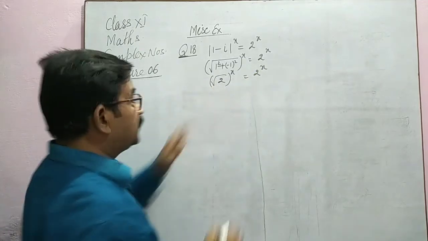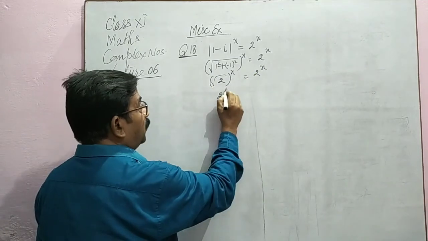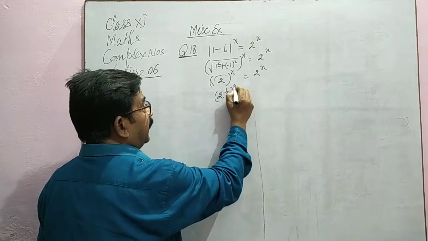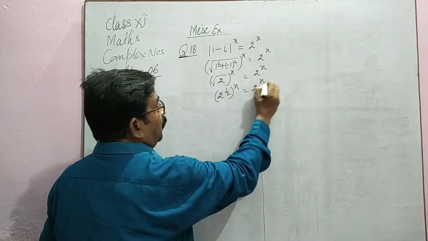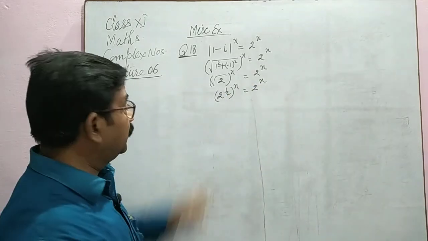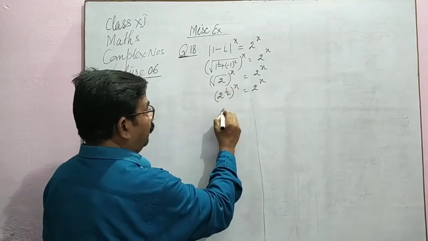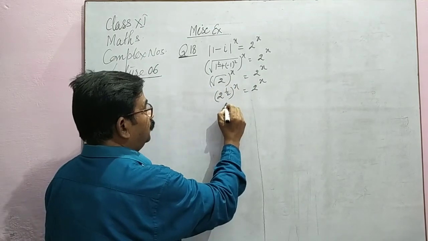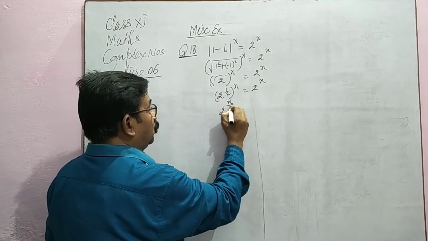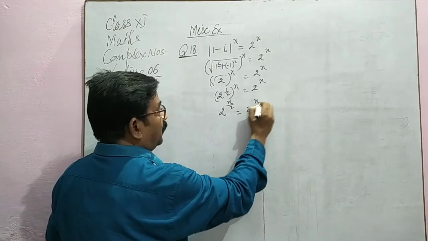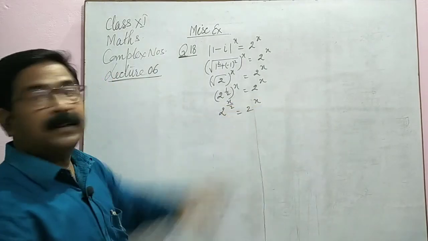This can be written as 2 to the power 1 upon 2, whole to the power x, is equal to 2 to the power x. Got it? Under root 2 means 2 to the power 1 by 2. Power and power multiply, so we have 2 to the power x by 2 is equal to 2 to the power x. Compare the exponent.